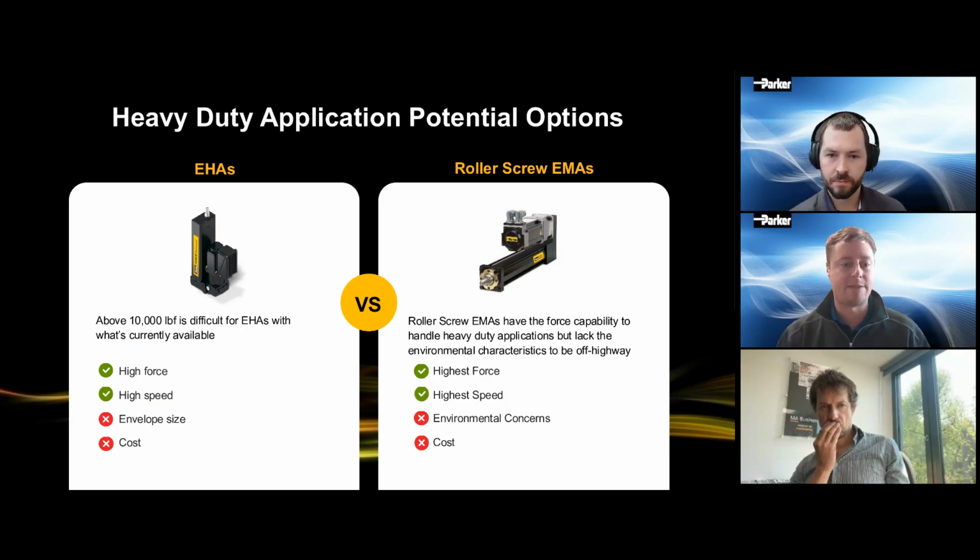They can handle that high force, high speed. However, it's really hard to fit them in. The envelope size is a huge issue. They are costly. We've seen that roller screw EMAs have also been looked into in this potential market for these applications. It still has the highest force, highest speed, but there are the environmental concerns. And then of course, it's very costly to do that.